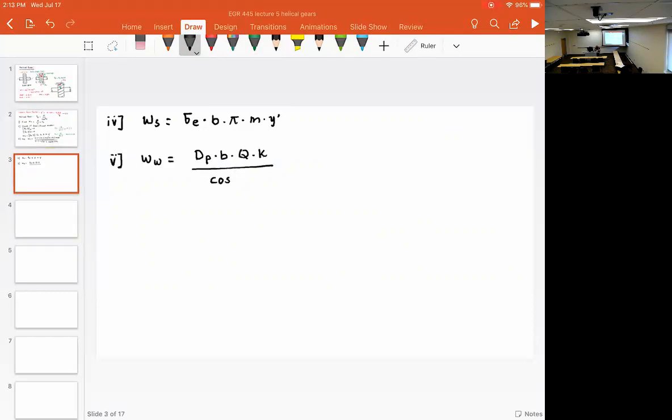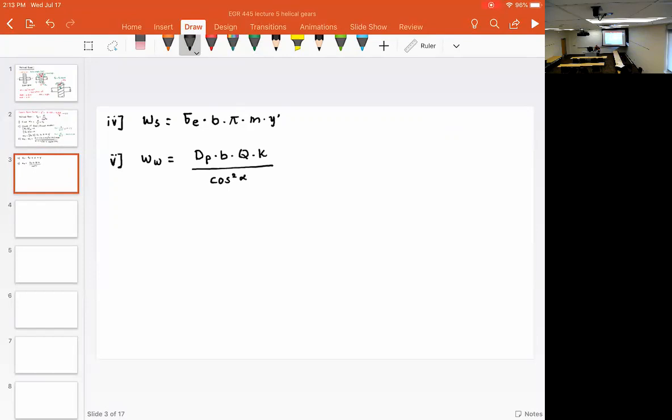So WW will have dP, which is the diameter of the gear or the pinion. B is the width of the gear or pinion. Q value and K value are similar. Depending upon whether you have an external gearing or an internal gearing, the ratio factor would be different.